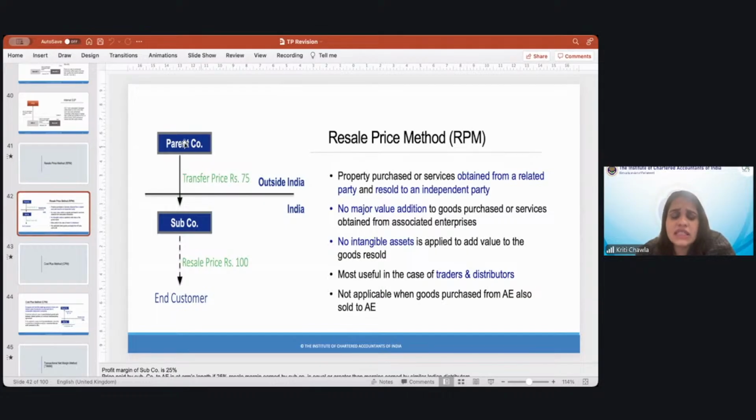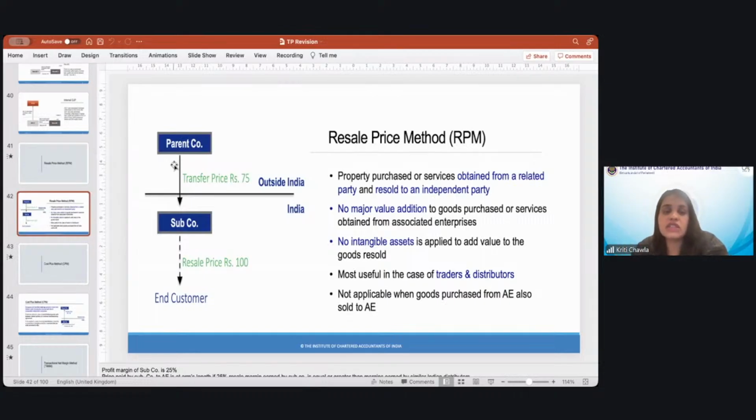Let's say that there is a parent company and the parent company sells a particular product to the subsidiary company, and the subsidiary company does not do any major value addition to the commodity, but sells that commodity to the end customer. That is where the resale price method will be applicable.